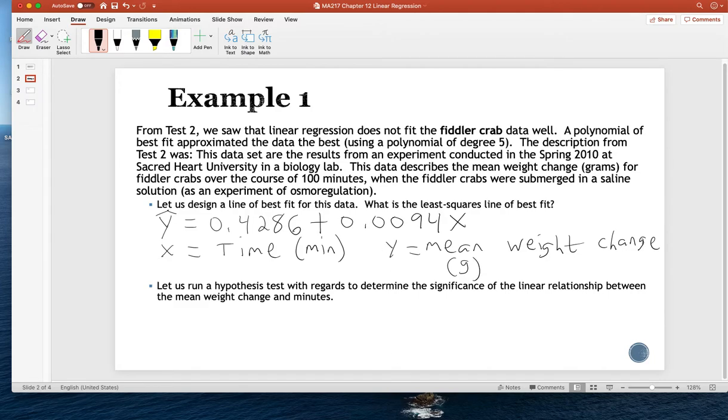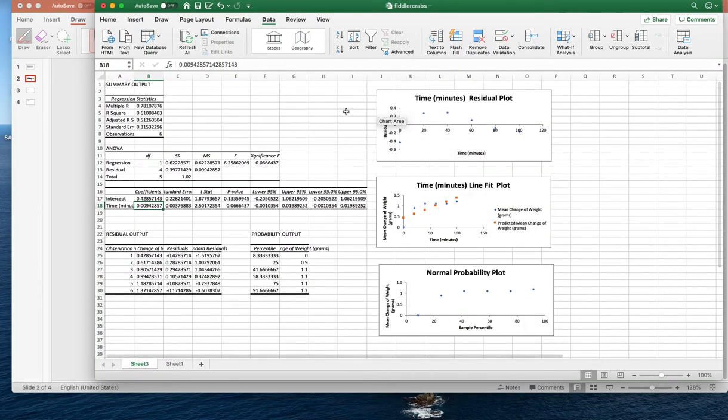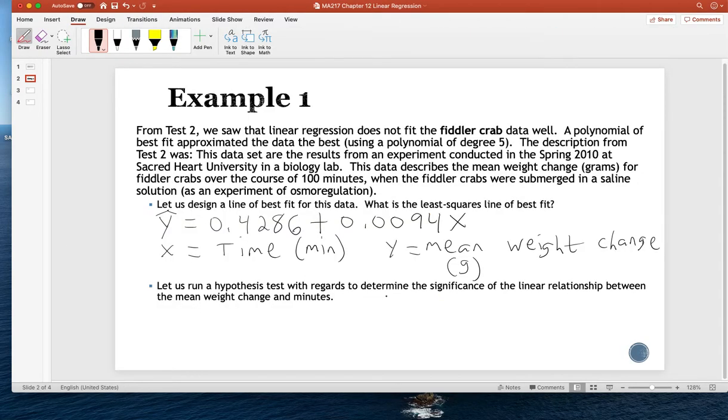And now we want to run a hypothesis test from that data. So the hypothesis test for this, which is going to be based on these 2 numbers, but the slope for the hypothesis test, you're saying the null hypothesis is that the slope, so beta, is equal to 0.